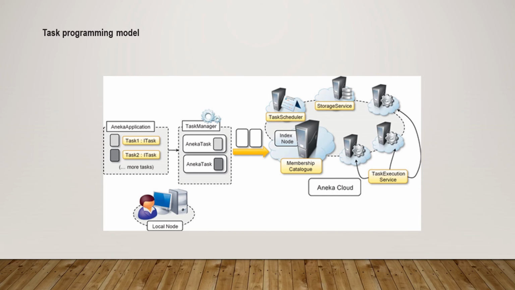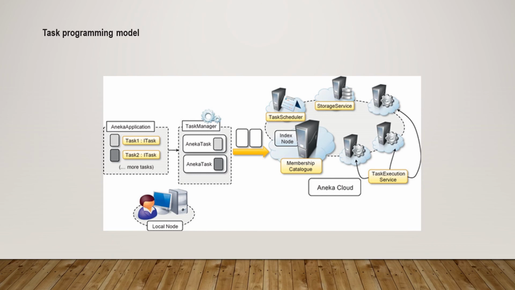The features provided by this task model are completed by web services that allow any client to submit the execution of tasks to the Aneka platform. The procedure for submitting tasks through a web service is the same as what you can do by using the framework APIs.